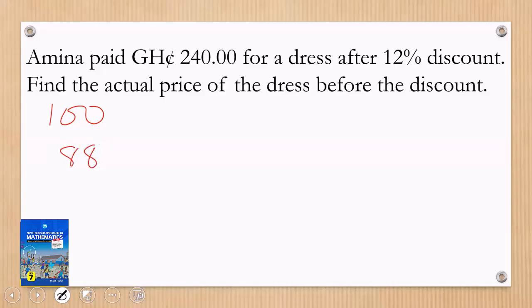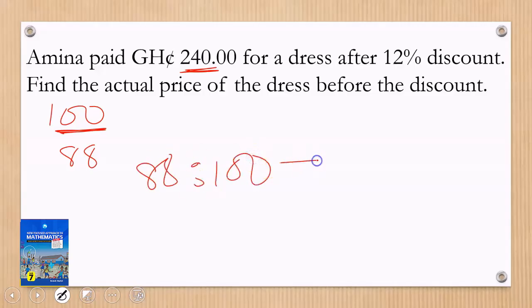So I can say that 88% is equivalent to the amount that I'm supposed to pay, and the 100% is equivalent to the original price. Let us assume that the original price is y. Then I can say that 88 is to 100 in percentage, which would be equal to 240 is to y.